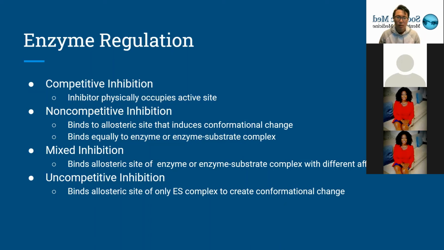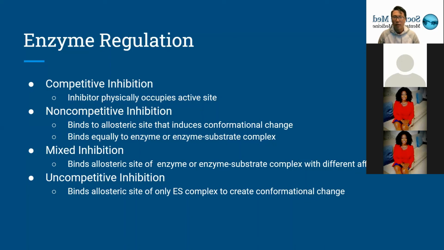If it binds to an inhibitor, it will induce a conformational change in the enzyme. And this conformational change will inhibit the enzyme from binding to the substrate. So no matter how much substrate you put into the solution, the enzymes would not be able to bind to the substrate.